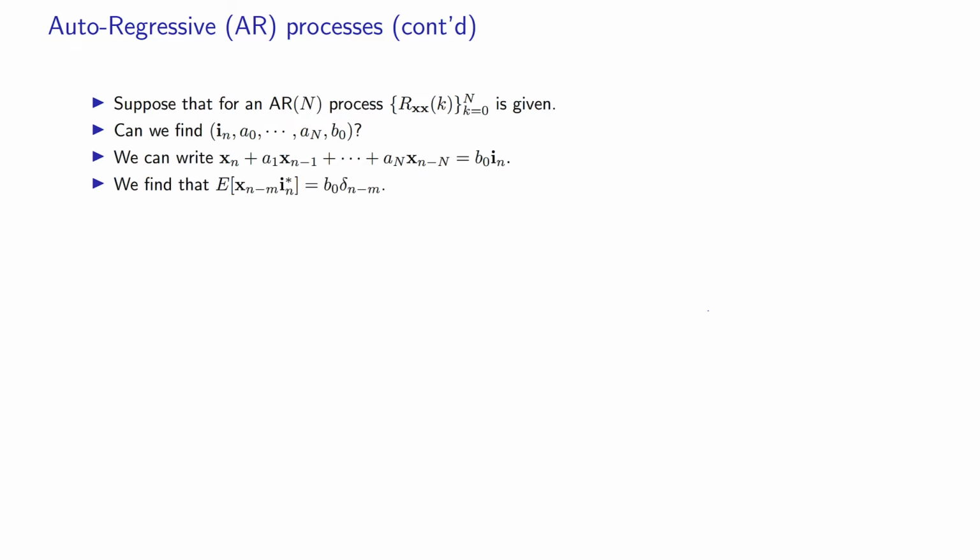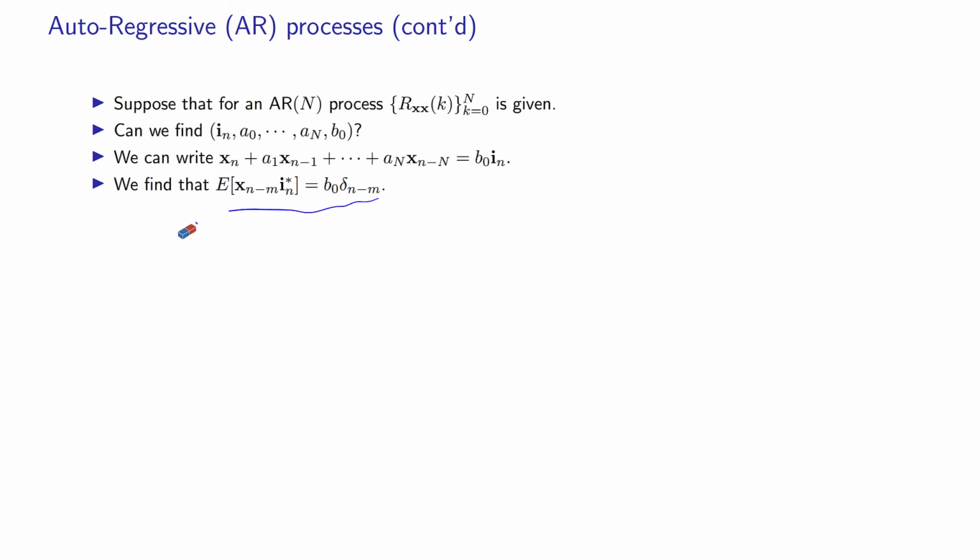So first of all, because I of n is white noise, its samples are uncorrelated. So if I calculate the mean of X of n minus m times I of n, when m is bigger than or equal to 0, we get this function.